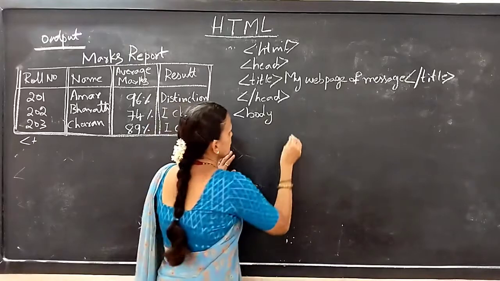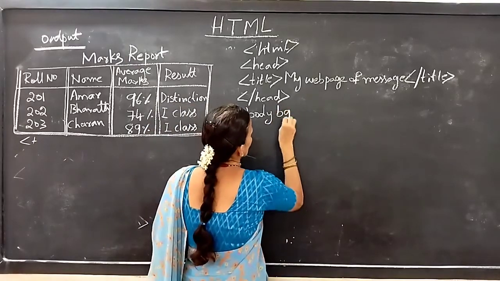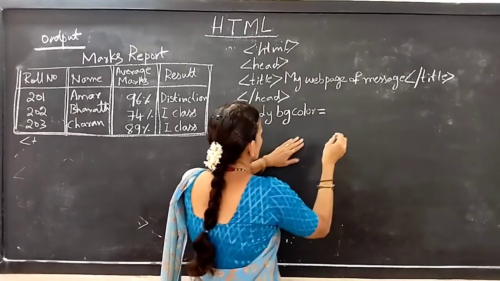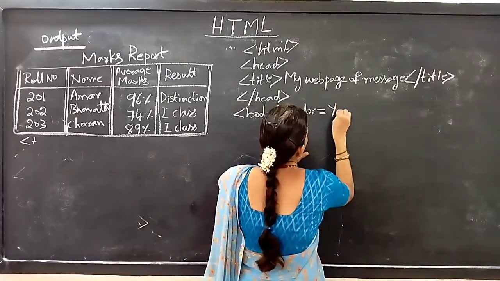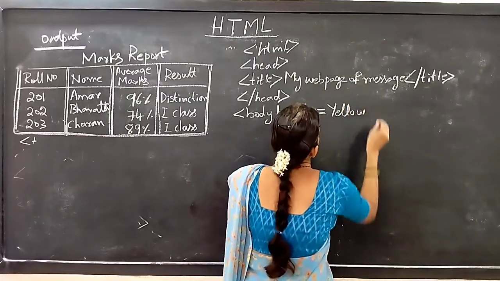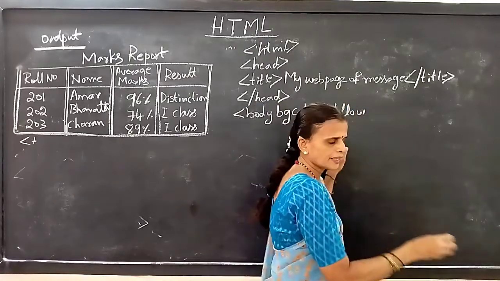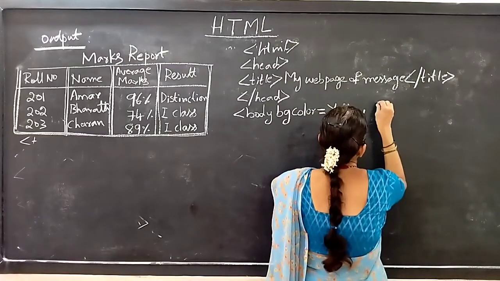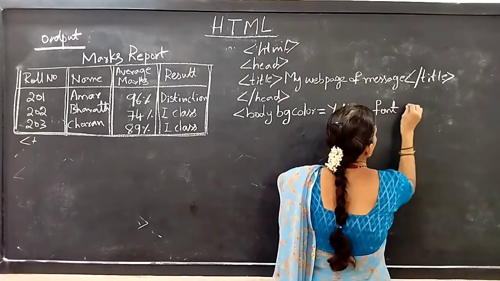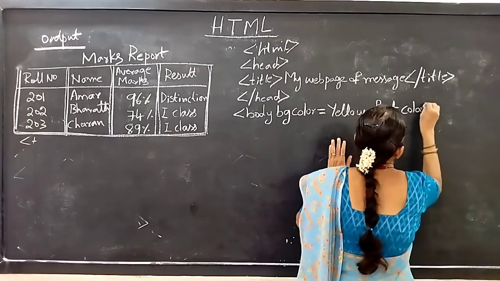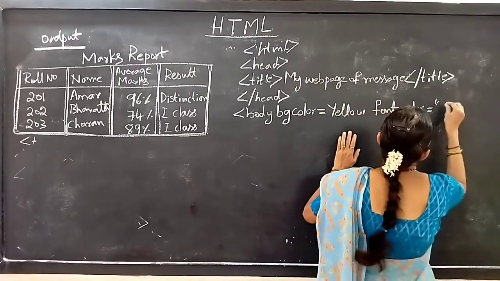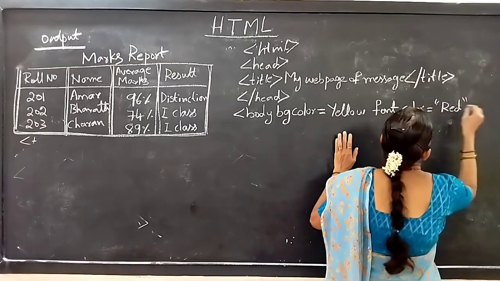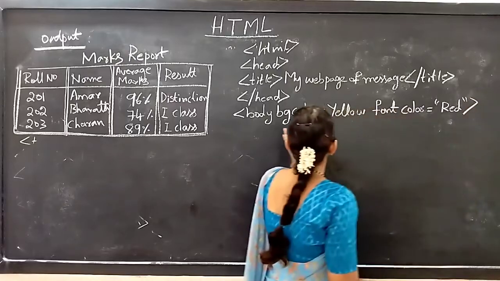If you want a color for the page, you can give body bgcolor equal to, and I'll write yellow. And we want text color, so we can give font color equal to, and I'll write red in double quotes. Close that.